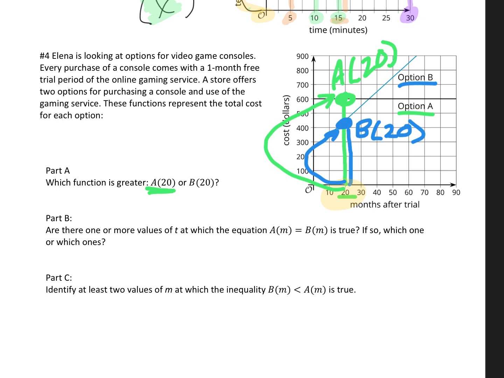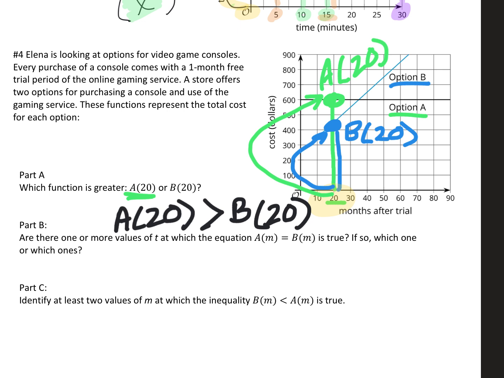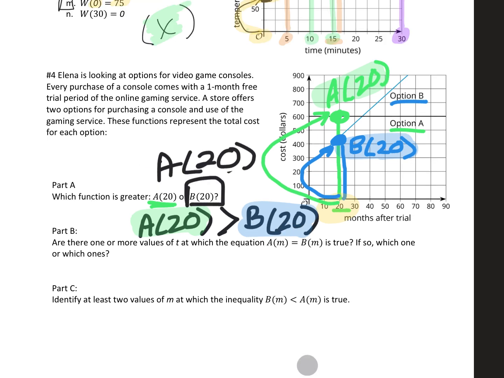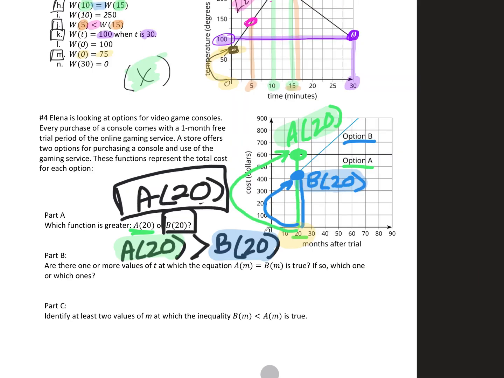So because the A of 20 is higher than the B of 20, oh, sorry, A of 20 is the one that is larger. Is there a place where they are equal to each other?